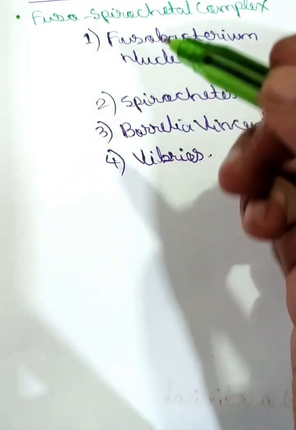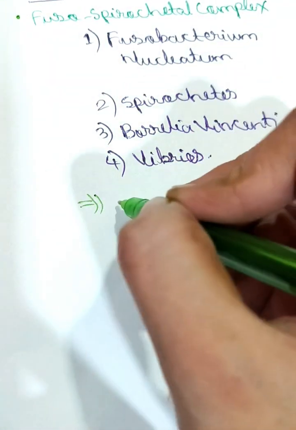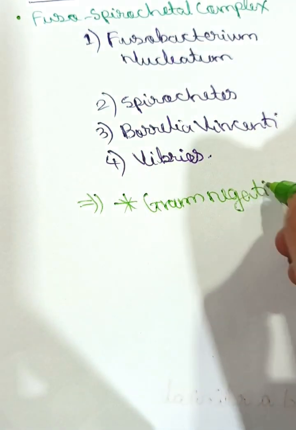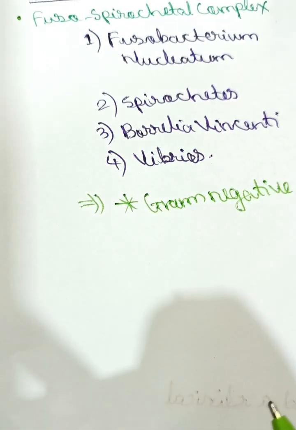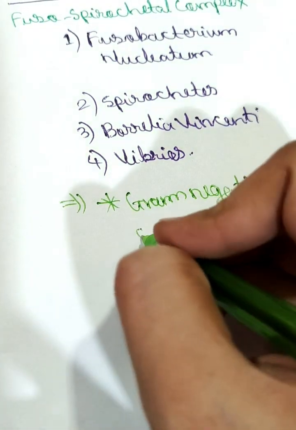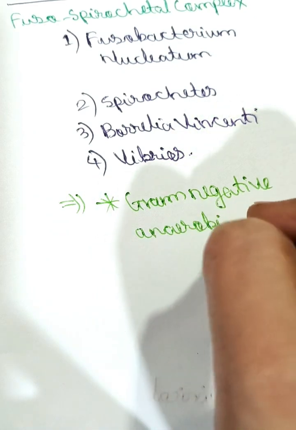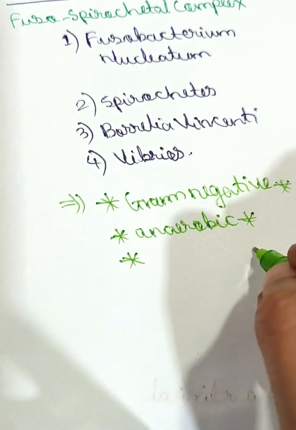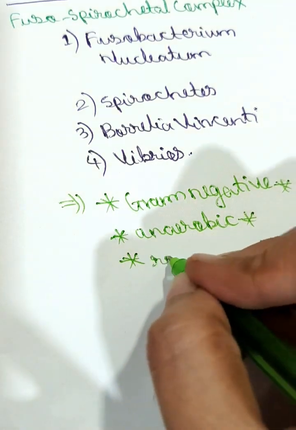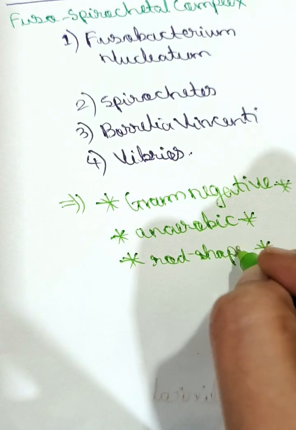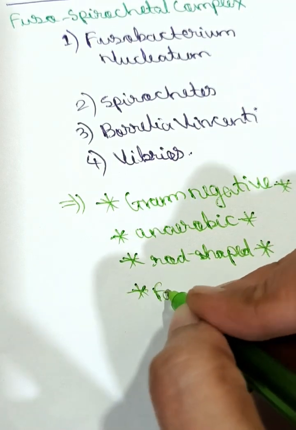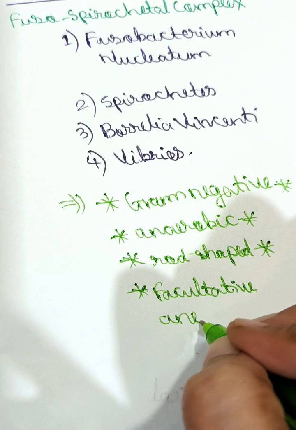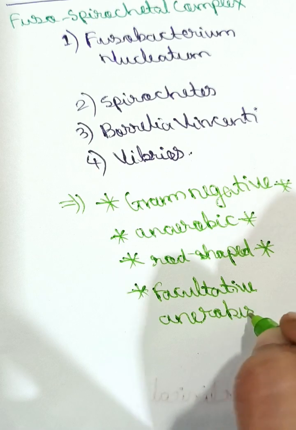Now all these organisms are gram-negative, anaerobic microorganisms, and they are rod shaped and facultative anaerobes.